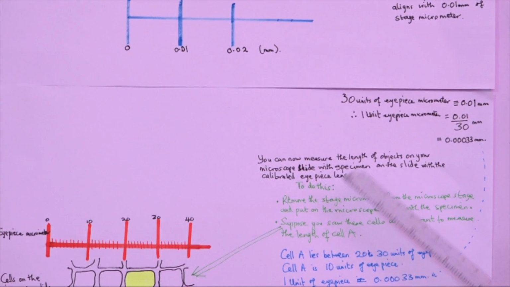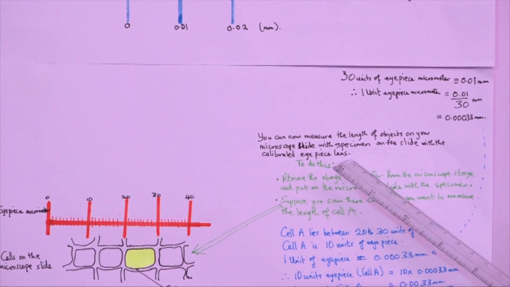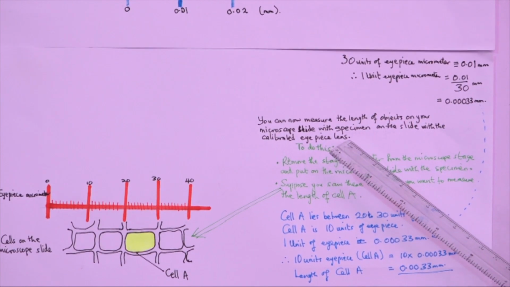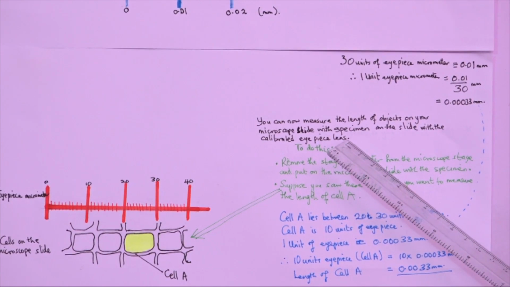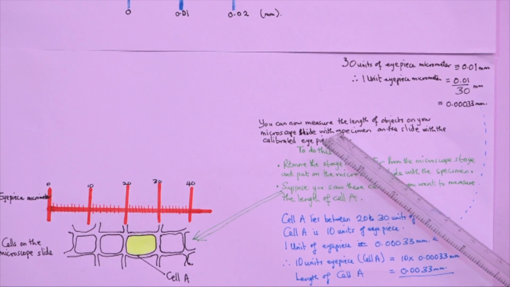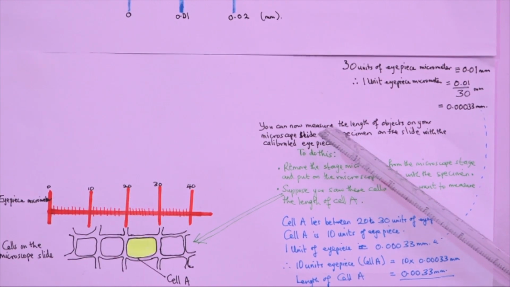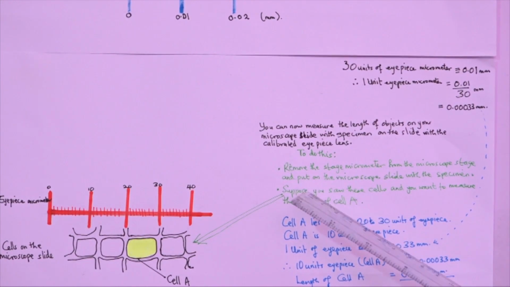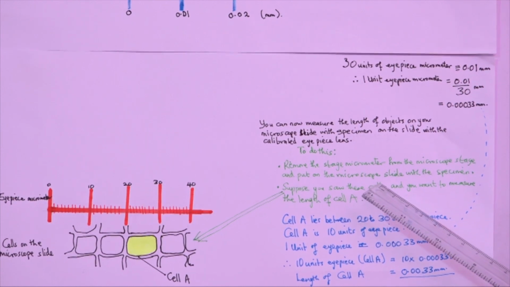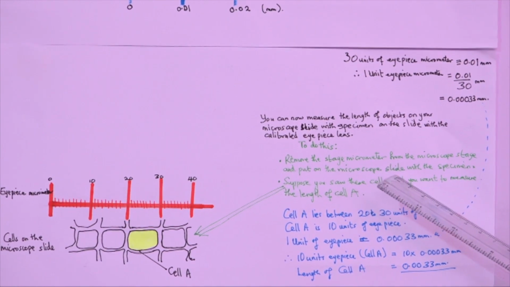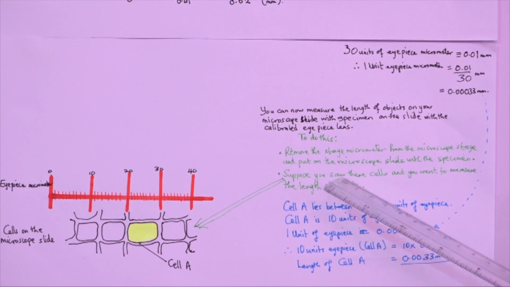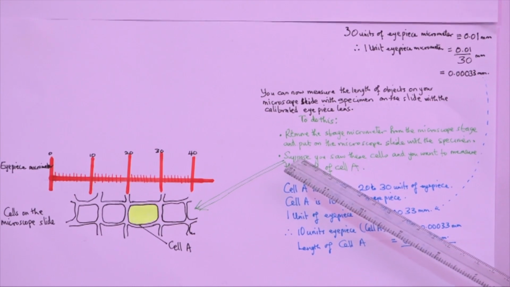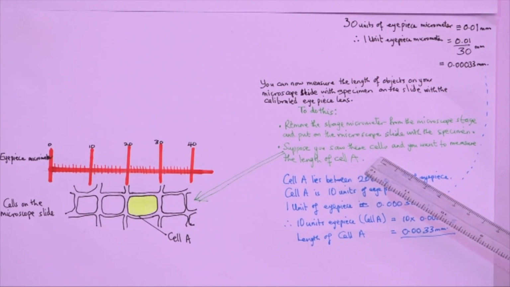The eyepiece can then be used to measure any specimen you want to measure with that objective. We remove the stage micrometer from the microscope and put on a slide with the specimen on it.